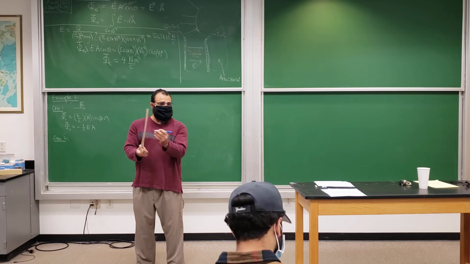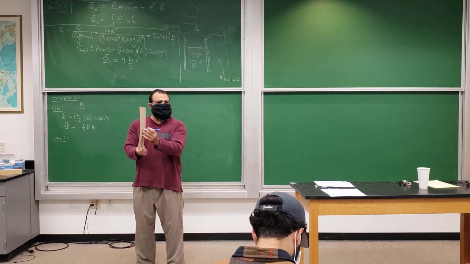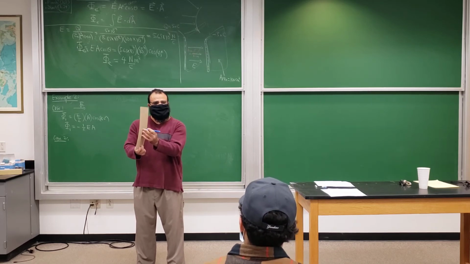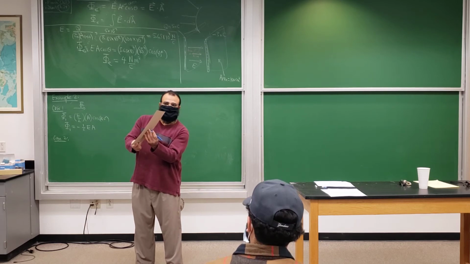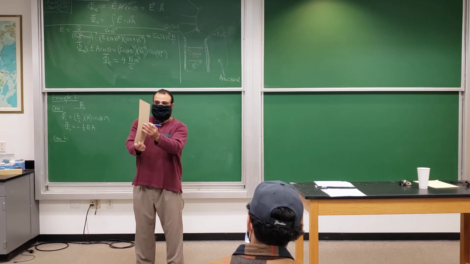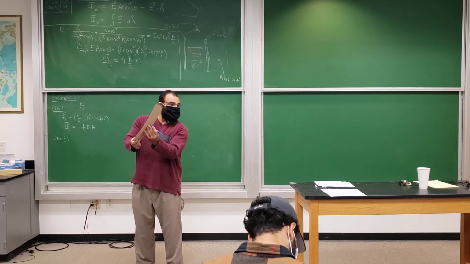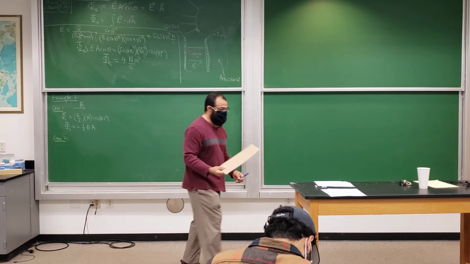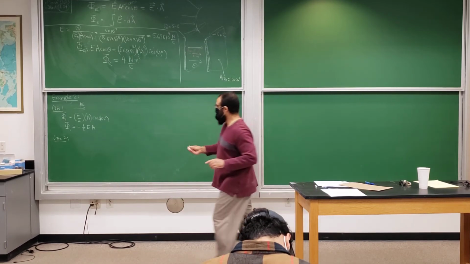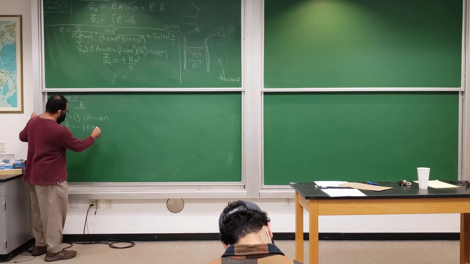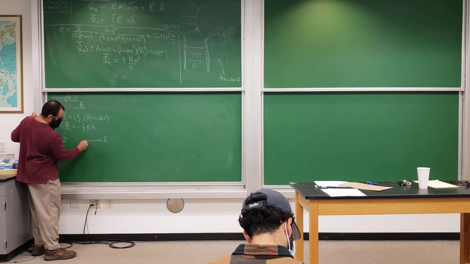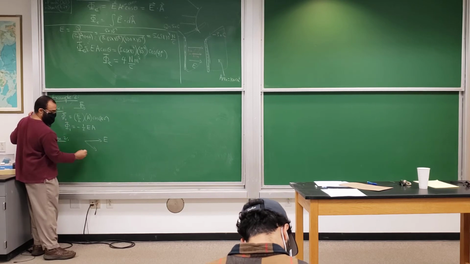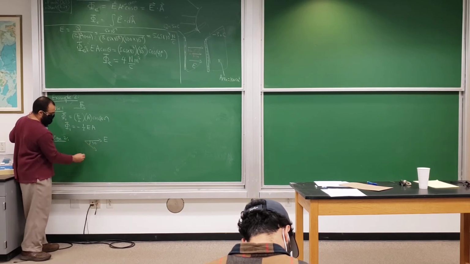Because the electric field is to the left and my area would point to the left. But in this case, we're tilting it by what? 30 degrees. So what angle do they make with each other? It was 0, and I tilted by 30, so 30. In this case, the electric field is this way, just E, and my normal is pointing that way, so they make a 30-degree angle.